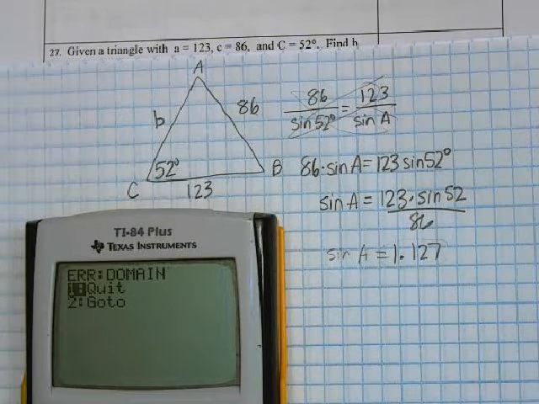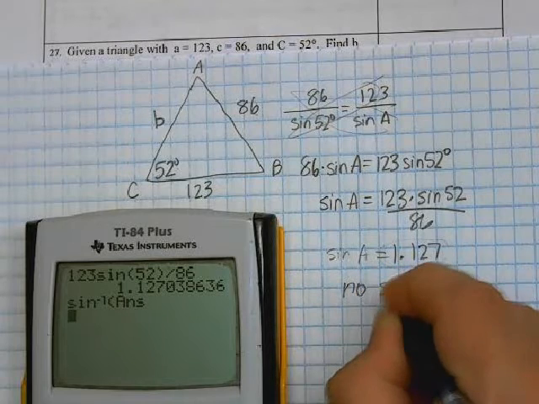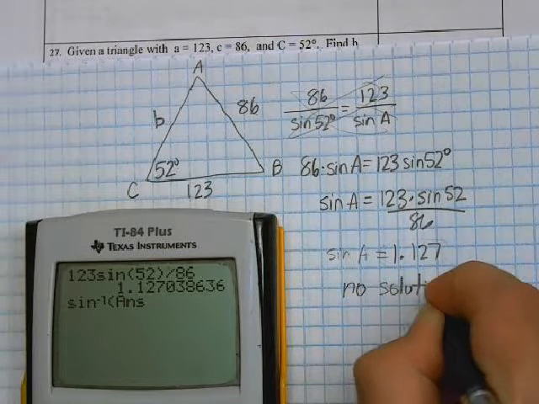So notice I get an error in the calculator. That means this is not a possible triangle, so there is no solution.